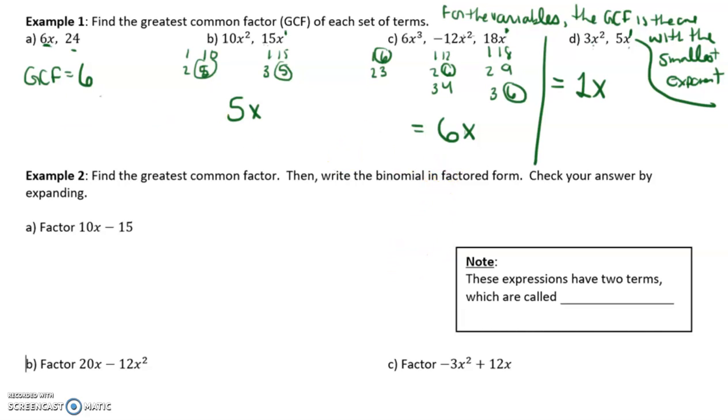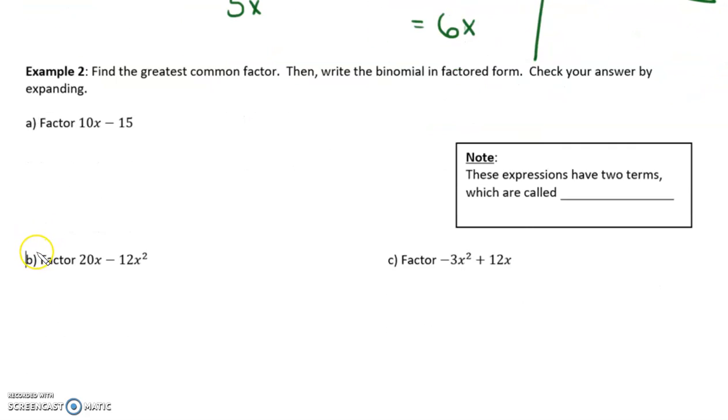For example 2, find the greatest common factor, then write the binomial in factored form. Check your answer by expanding. The greatest common factor between 10x and negative 15 is 5. We divide both by 5, write the 5 out front, and after dividing, write what's left over inside the bracket.